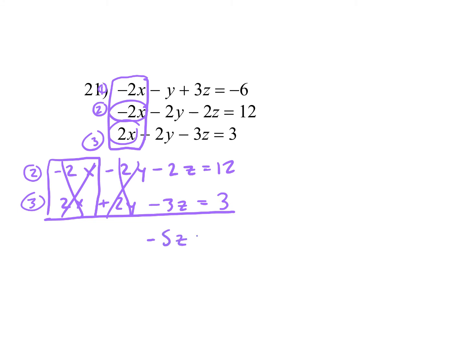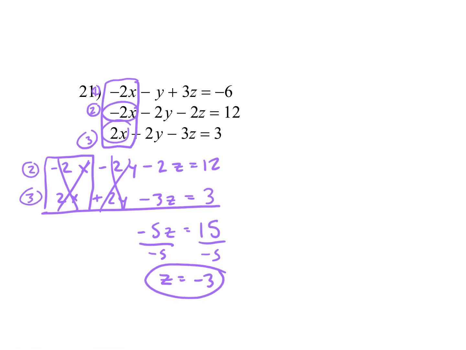Negative 5z. And then 12 plus 3? 15. What should I do next? Divide both sides by negative 5. So what's z equal? Negative 3. Perfect. What should I do next?